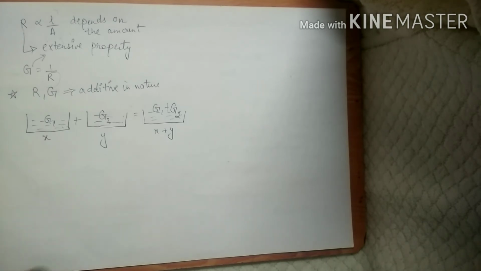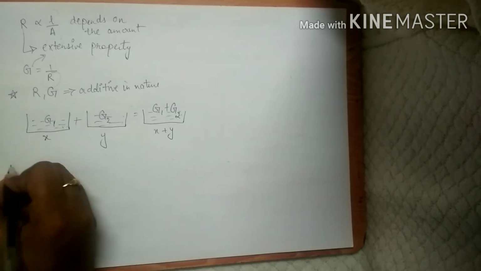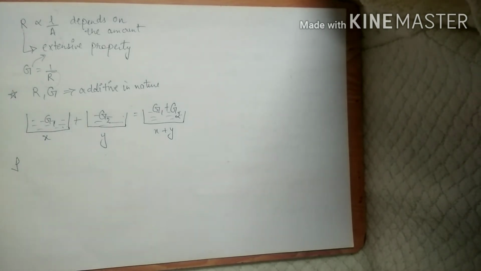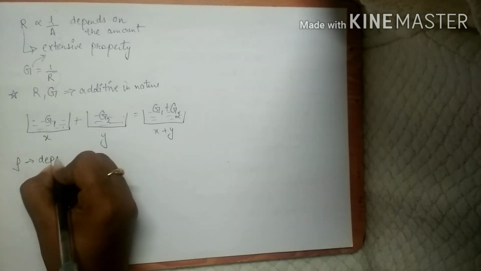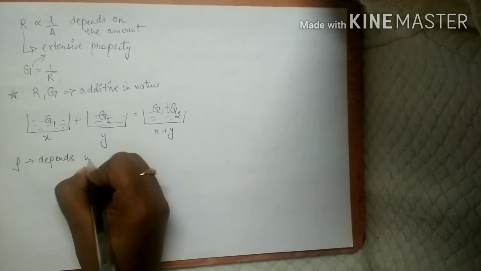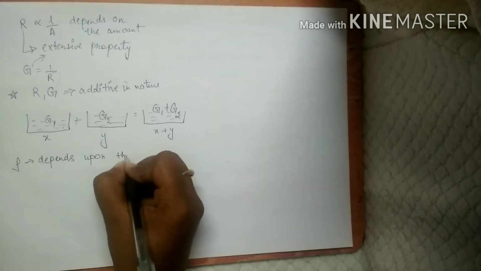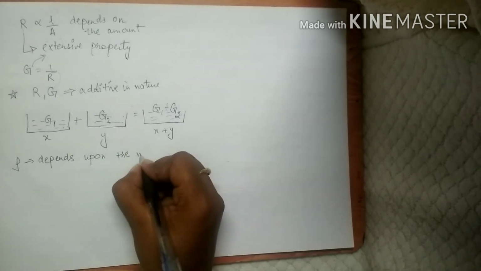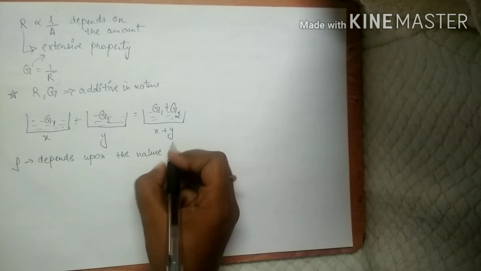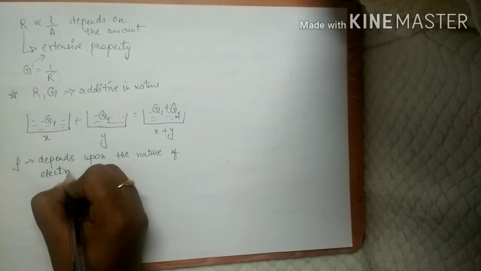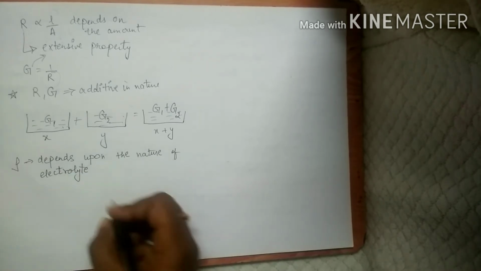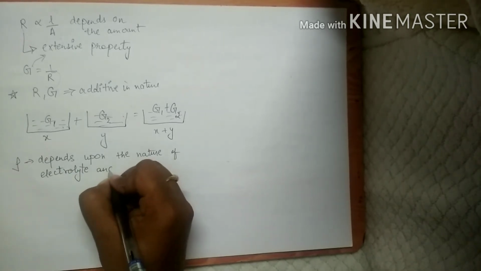Now we'll talk about your resistivity or rho. Resistivity depends on the nature of the electrolyte, right? And it also depends upon temperature.